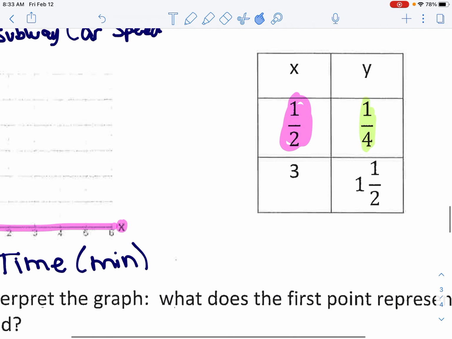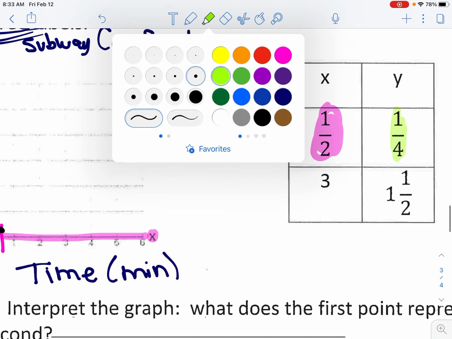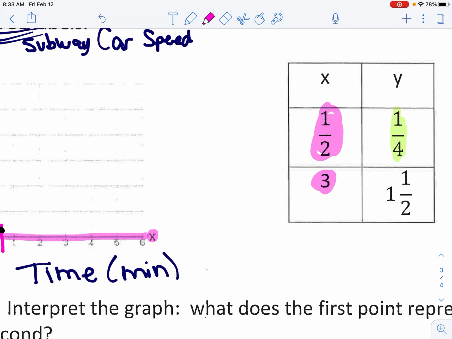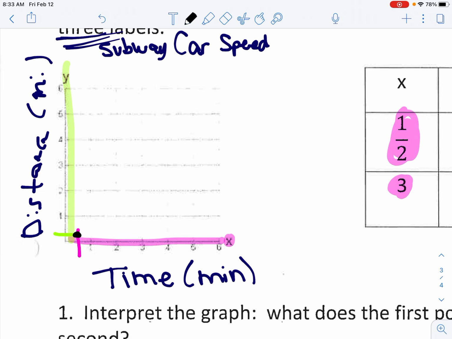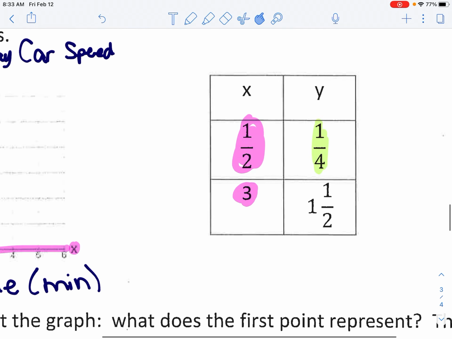Okay, if we look at the second set of coordinates, I have 3 on the x. Well, that's easy to find. Okay, so here's 3 on the x. So I'm going to go straight up from that. So there would be 3. And my y coordinate is 1.5.